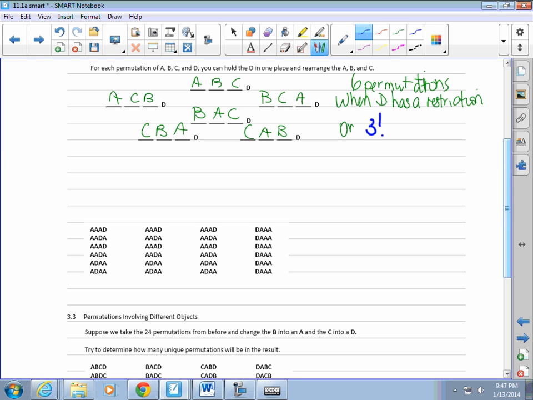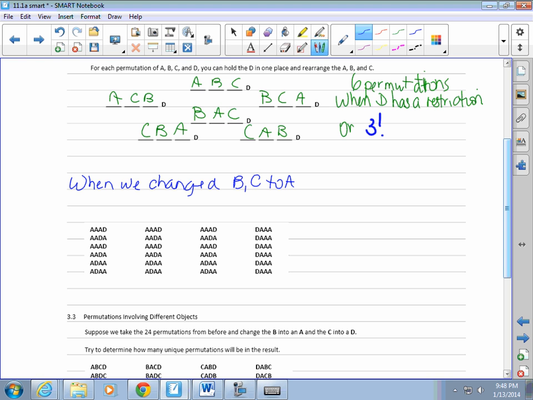So when we changed B and C to A, so we left the letter D, changed our B and C to A's, what we found then is that 6 of our permutations were exactly the same. So we had AAAD, AAAD, AAAD, AAAD, AAAD. So 6 of the permutations that we had before were exactly the same.